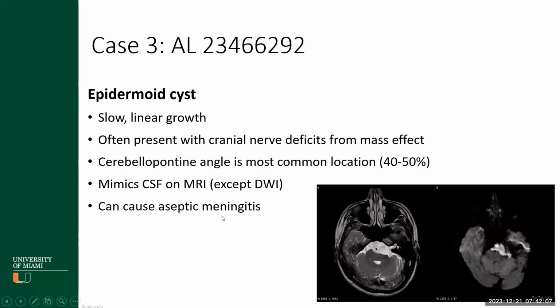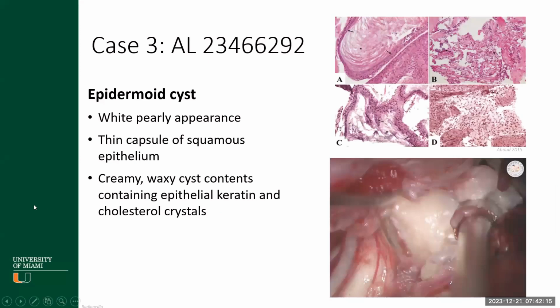Exactly that when these things rupture, they can in turn irritate the meninges, causing that aseptic meningitis. And when you look at them intraoperatively, they have a really interesting curly white appearance. That's the squamous epithelium, keratin, and cholesterol crystals all congealing together to form this pearl, basically.